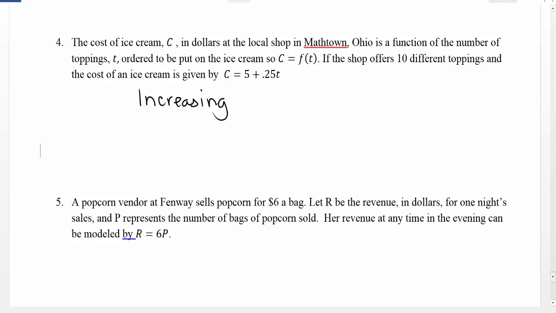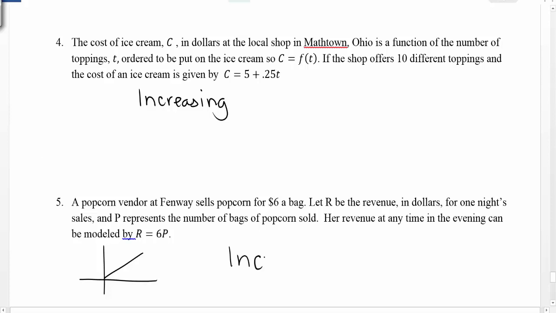So 0, 1, 2, 3, as I plug in those numbers, my R's continue to go up by a factor of 6. So when P equals 0, R equals 0. When P equals 1, R equals 6. If I were to graph this, I would see it's a linear increasing function that has a slope of 6. So here, again, in this scenario, my function is an increasing function.